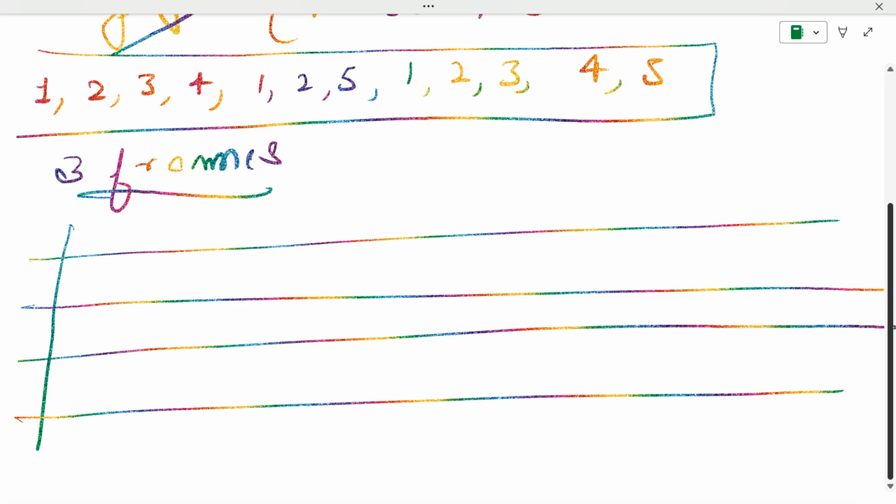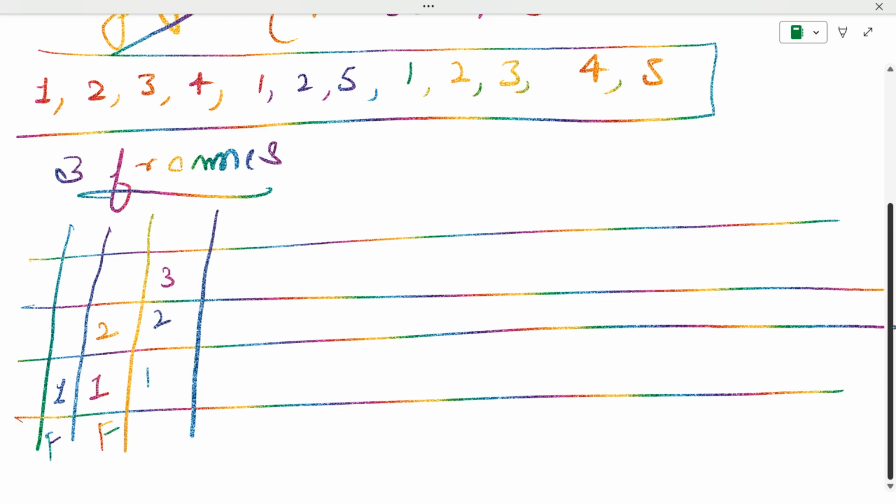the memory. Okay, so for the first time the first page is referred and it is a page fault. For the second time the second page is referred, it is also a page fault. Then the third page is referred, it is also a page fault. Now CPU wants to access this fourth page, and here it is not present and the frames are completely filled.